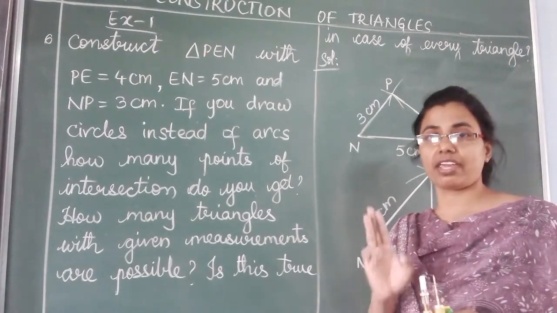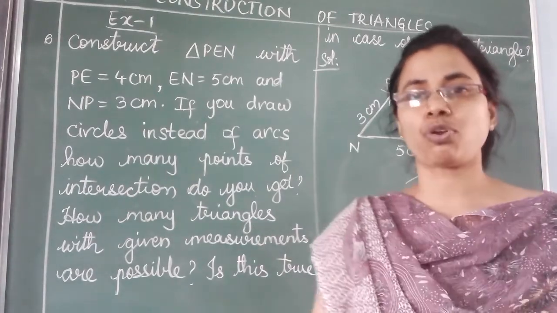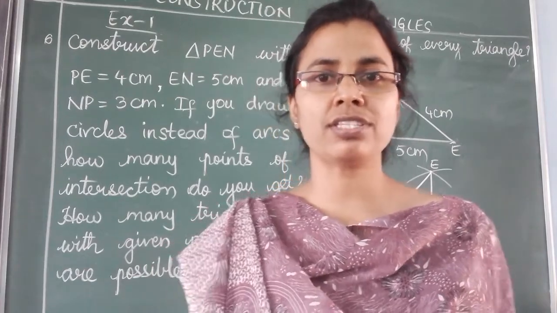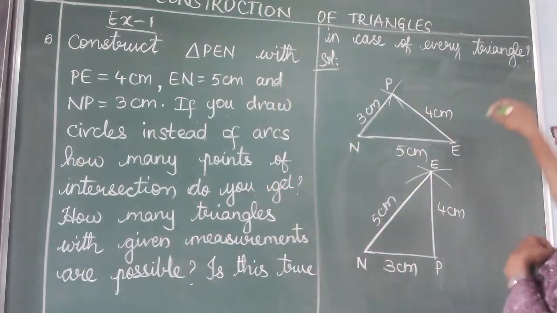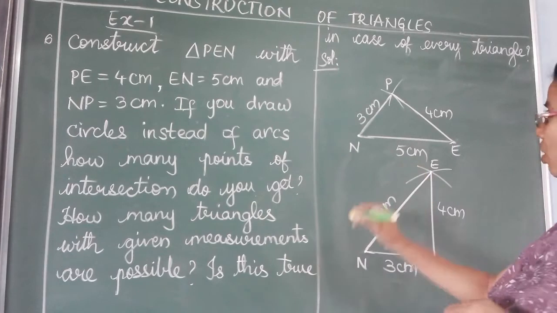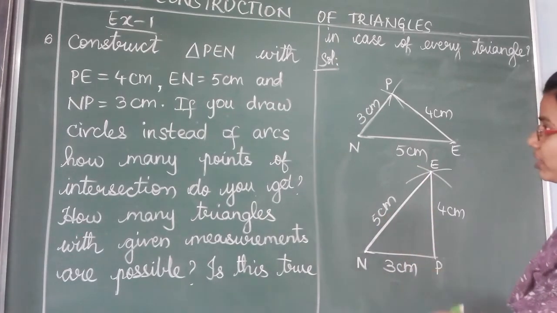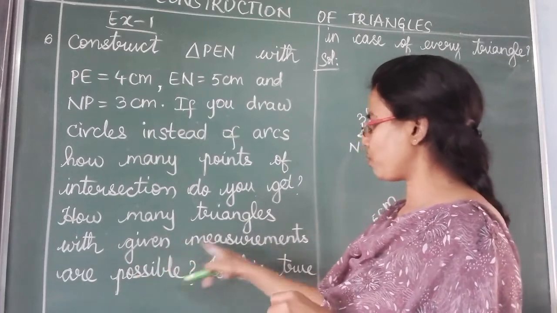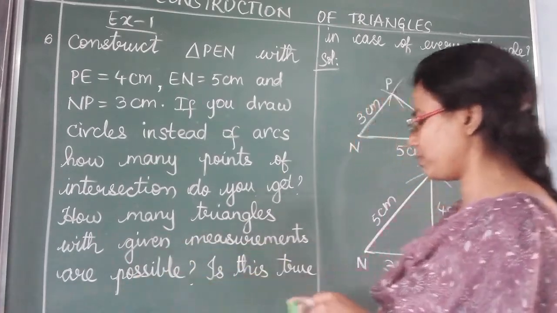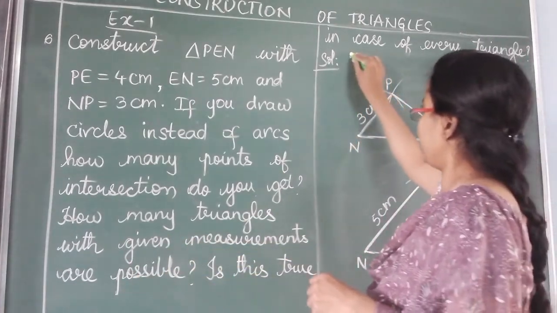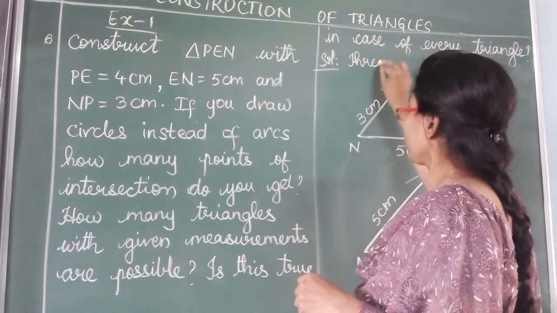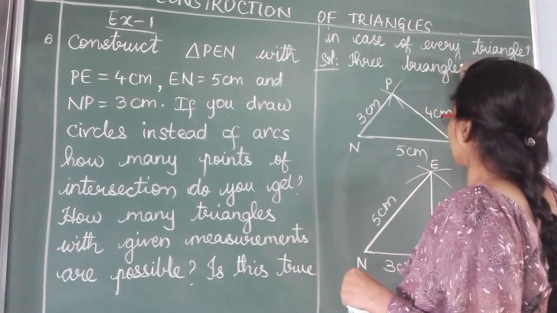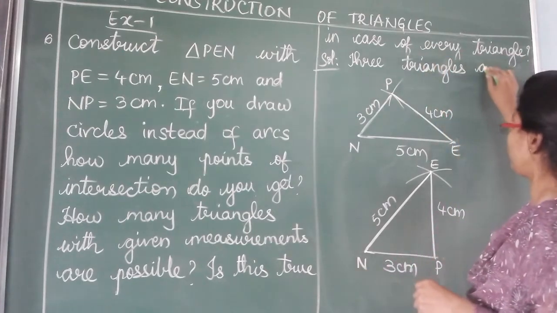So 3 triangles can be drawn using the given measurements. Understood this? We are actually drawing to show how many triangles are formed. So let's write the answer. How many triangles with given measurements are possible? 3 triangles are possible.